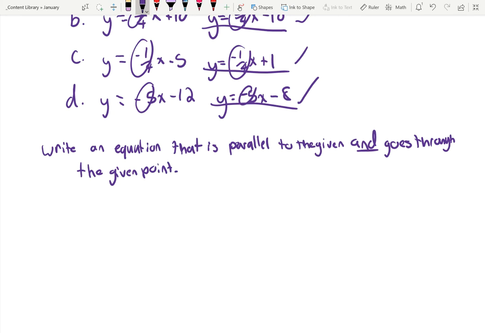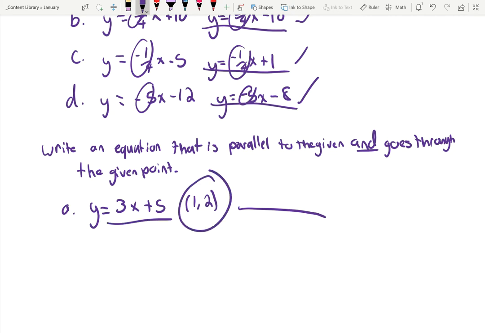So let me give you an example. Let's start with the equation y equals 3x plus 5. I want to write an equation that's parallel to this one. But it has to go through the given point, the point 1, 2.